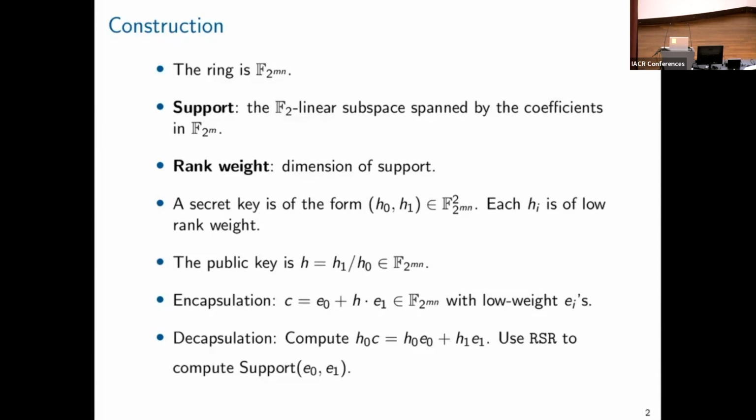For encapsulation, you create low weight elements E0 and E1, and then you compute E0 plus H times E1 as the ciphertext.